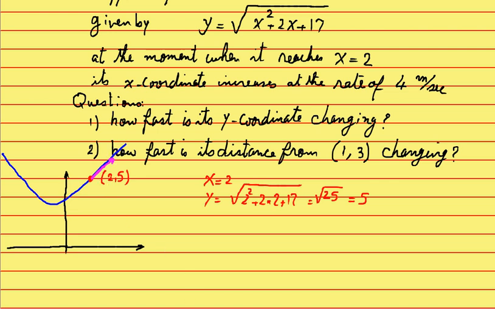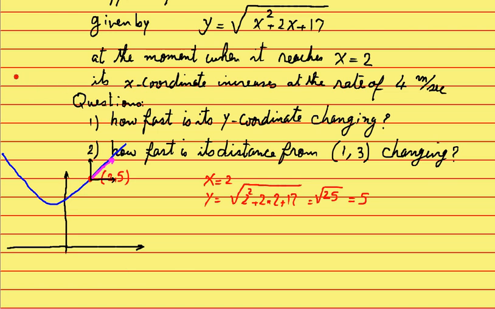This velocity has 2 components, one in the x direction and one in the y direction. So by talking about the rate of change of the x coordinate, we are really talking about this thing.